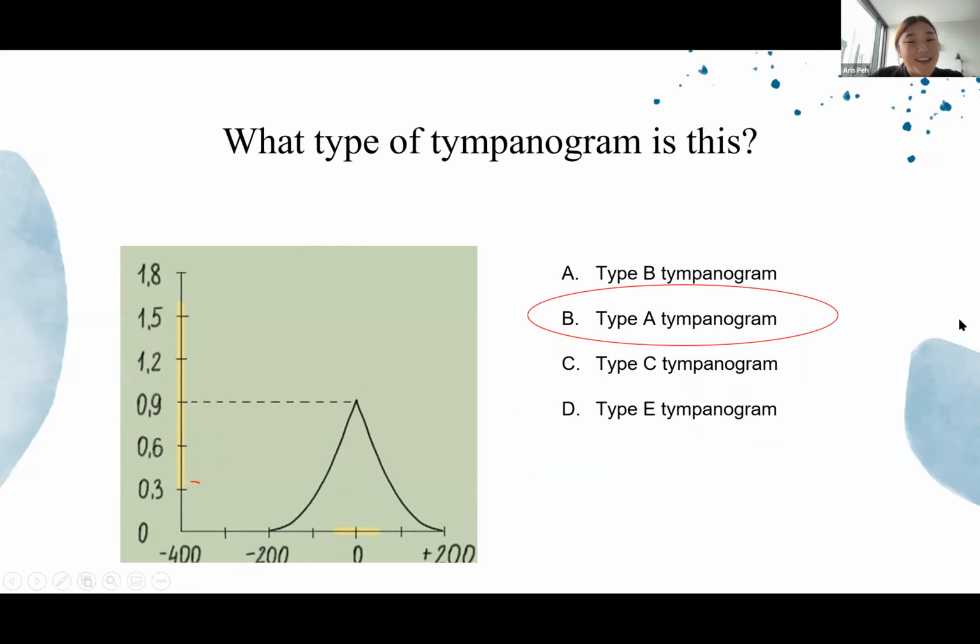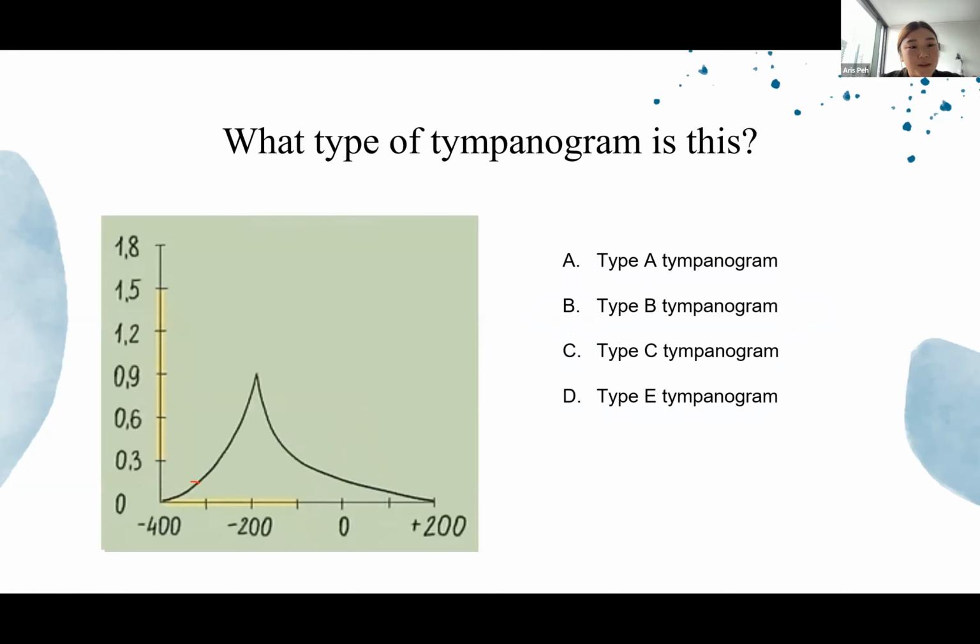Yep, it is a type A tympanogram because the peak is more than or equal to -100 and the middle ear compliance is between 0.3 to 1.6. And for our last question, also what type of tympanogram is this?